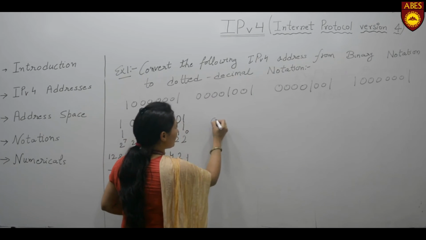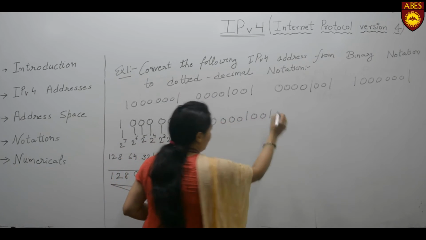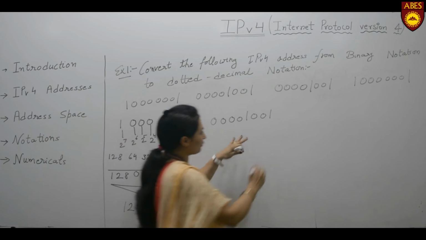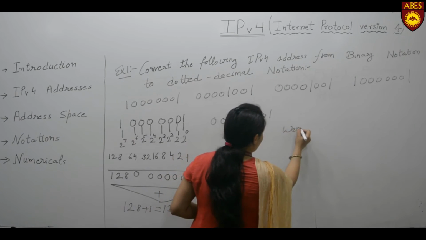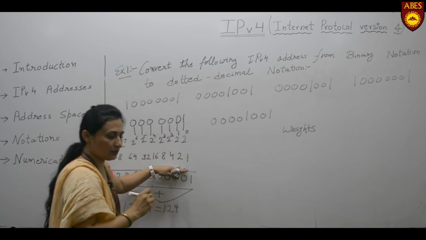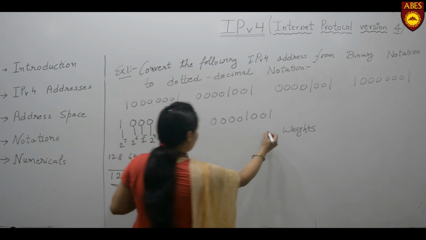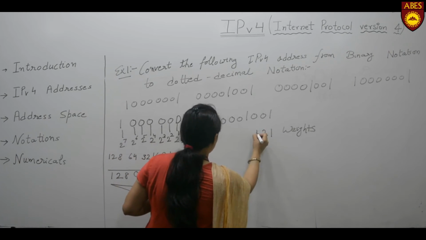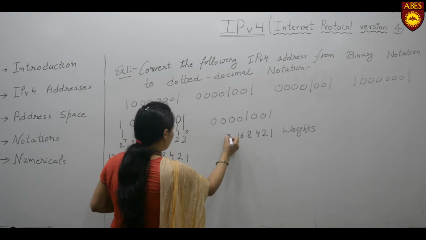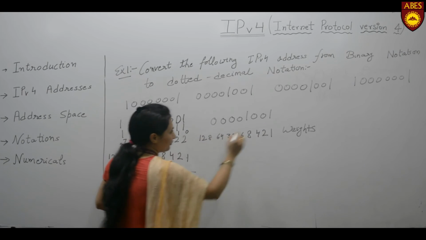The second byte given is 0000 1001. Similarly, we have to assign the weights for the particular positions. The weights are, as we have done here, I am writing directly instead of 2 power: it is 1, 2, 4, 8, 16, 32, 64, then 128.